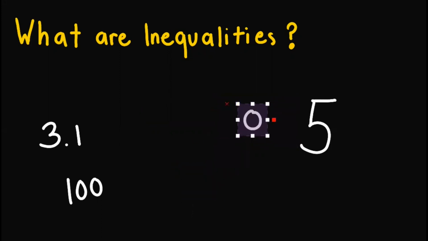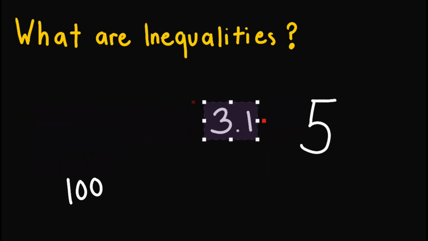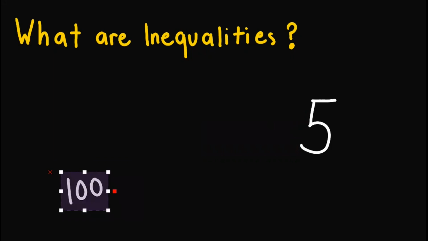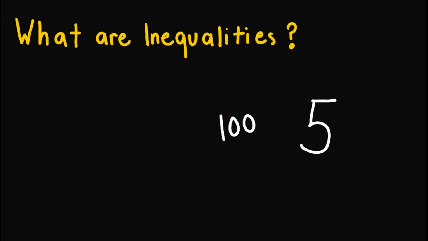For 0, clearly 0 is also less than 5. For 3.1, this is a decimal, we know that this is less than 5 as well. And lastly, if we have 100, we know that this is greater than 5.